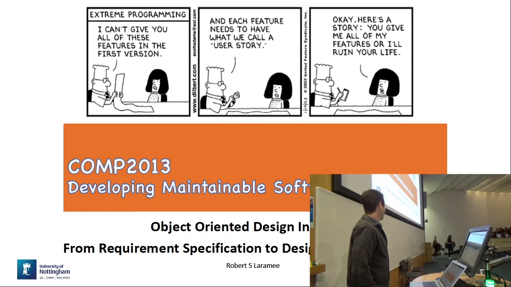Okay, so last time we talked about version control, Java talk, and identifying objects. Can anybody explain how to identify objects given a requirement specification? Anybody want to try to answer that question?